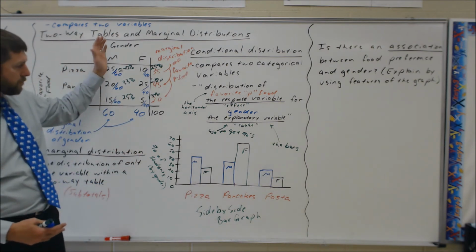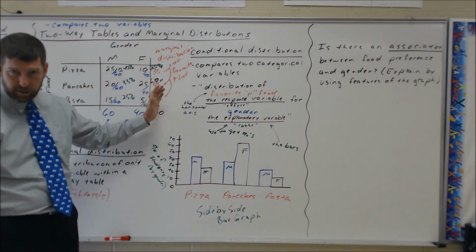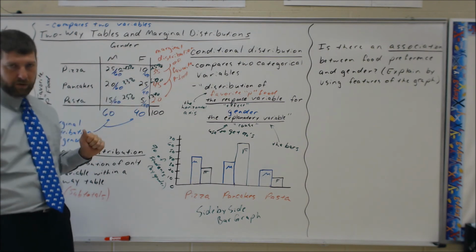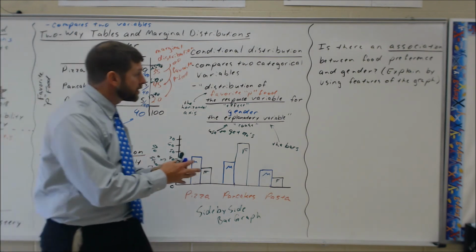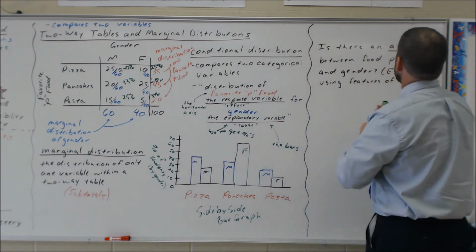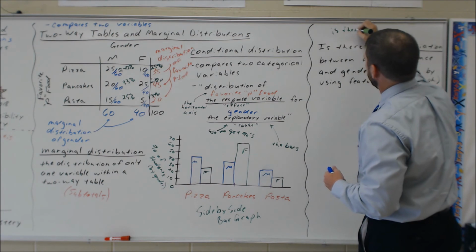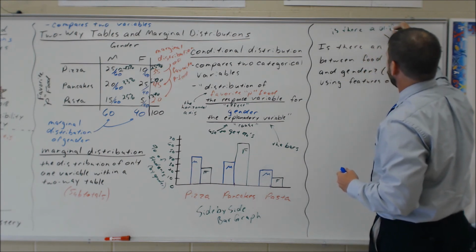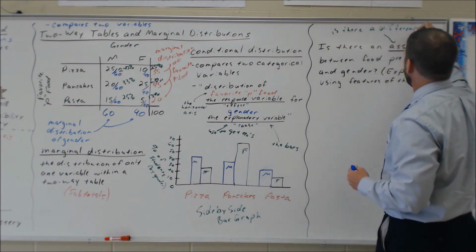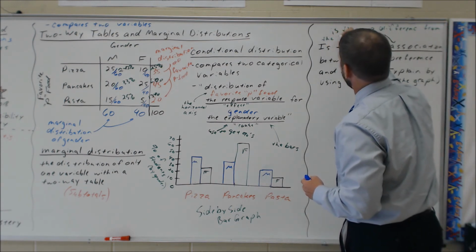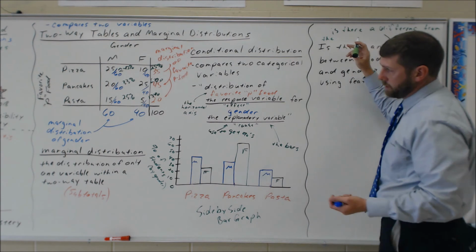Do the males prefer pizza just like the total group prefers pizza? Do the females prefer pizza like the total group? That's what we're talking about with association. Association really wants to know, is there a difference between the marginal and conditional distributions?